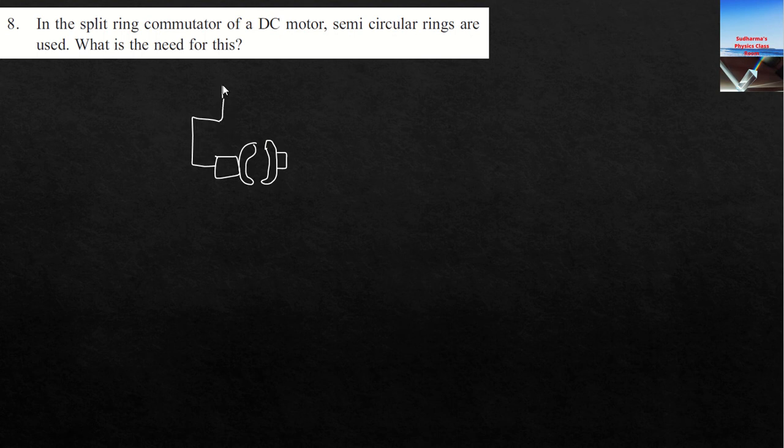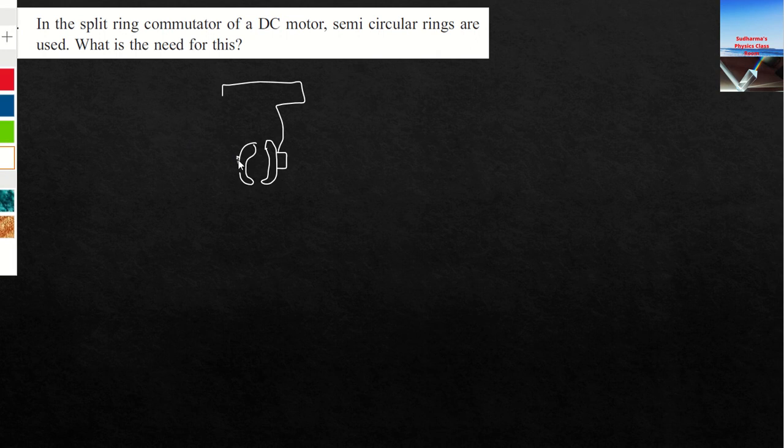The rectangular coil will be connected here, and here. If you connect this rectangular coil to the split rings, what is the function of a split ring commutator? The function of a split ring commutator is to reverse the direction of current in a circuit. So how does this split ring commutator help in reversing the direction of current?